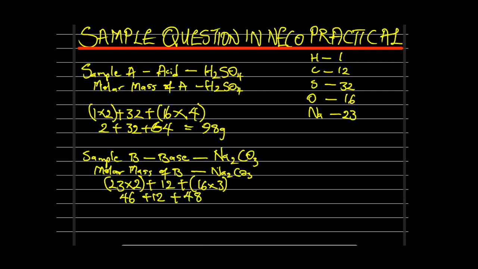So we now have 46 plus 12 plus 48, which is going to give us 106 grams. So that is the molar mass of our salt B, our base, sodium trioxocarbonate.